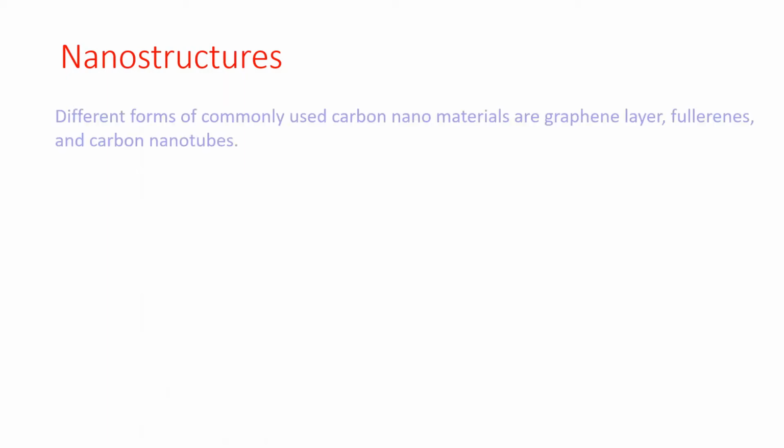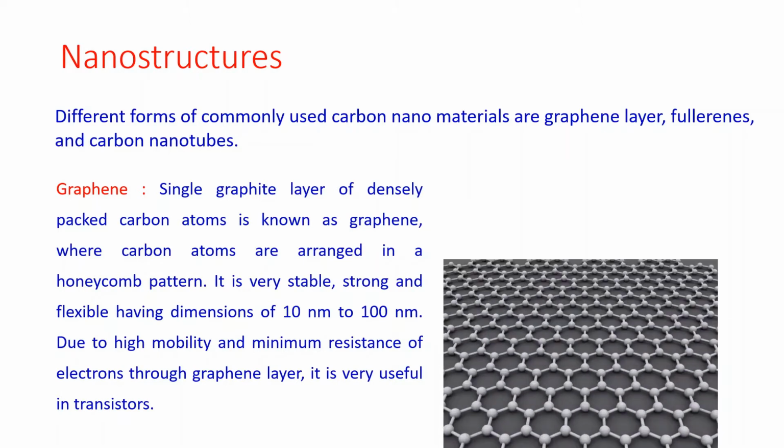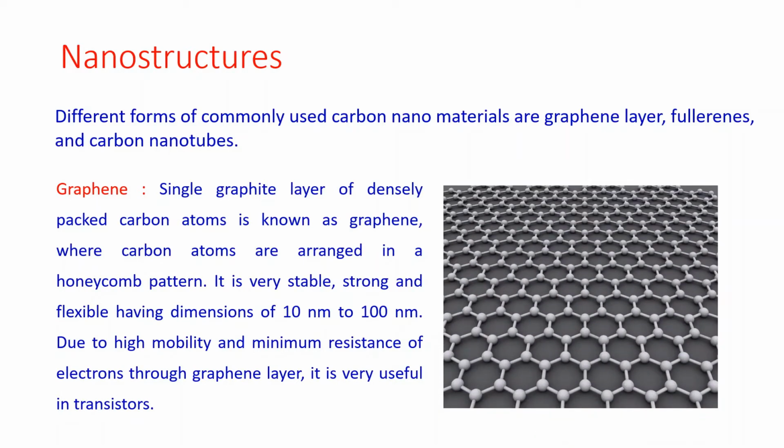Now let us discuss some nanostructures first. Different forms of commonly used carbon nanomaterials are basically graphene layer, fullerenes, and carbon nanotubes. Graphene is a single graphite layer of densely packed carbon atoms.